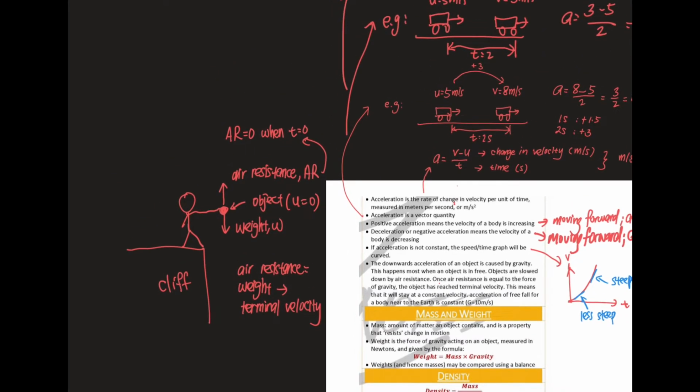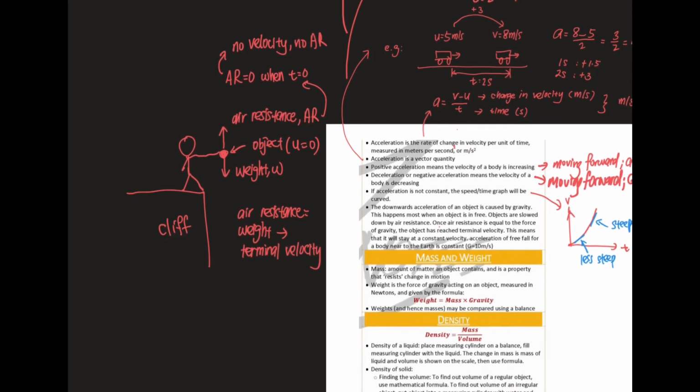So the weight is acting on it. The air resistance is not acting. So because of that, the object is accelerating. Okay, so it accelerates. That means it's getting faster.